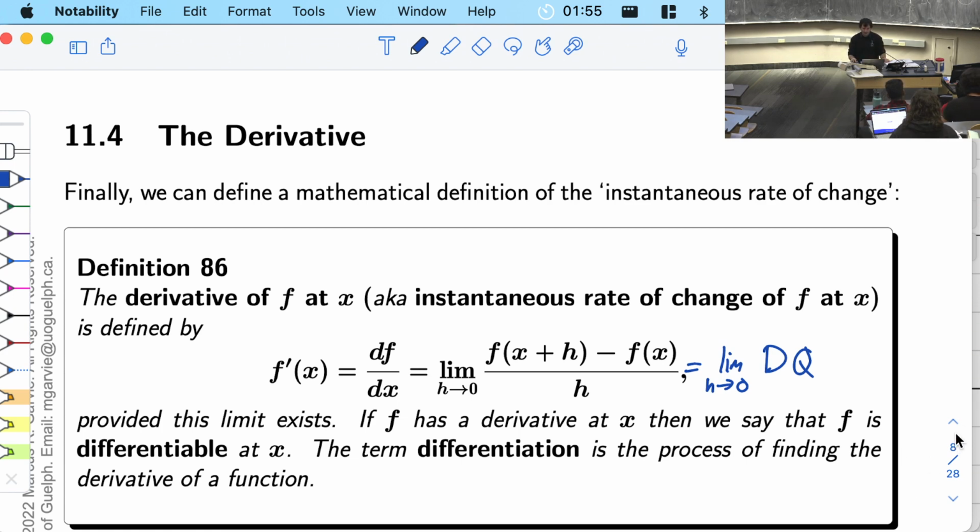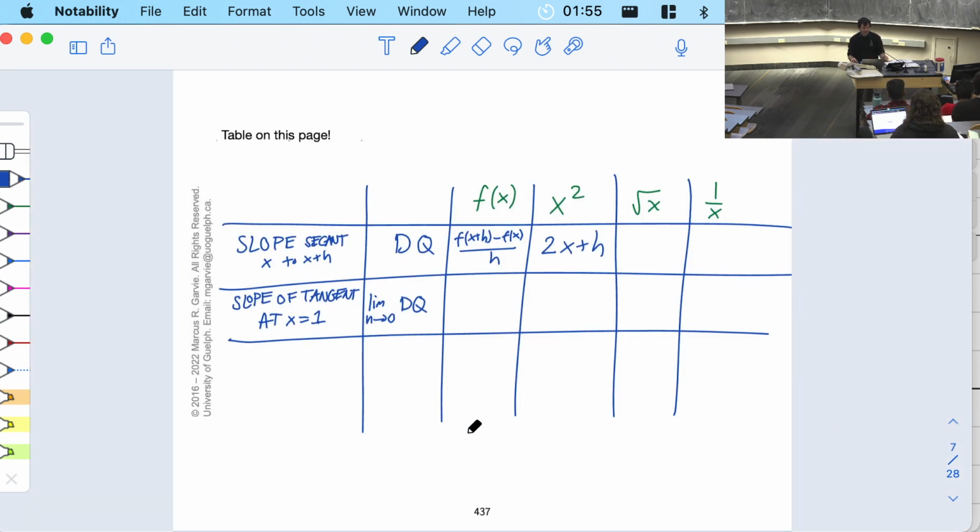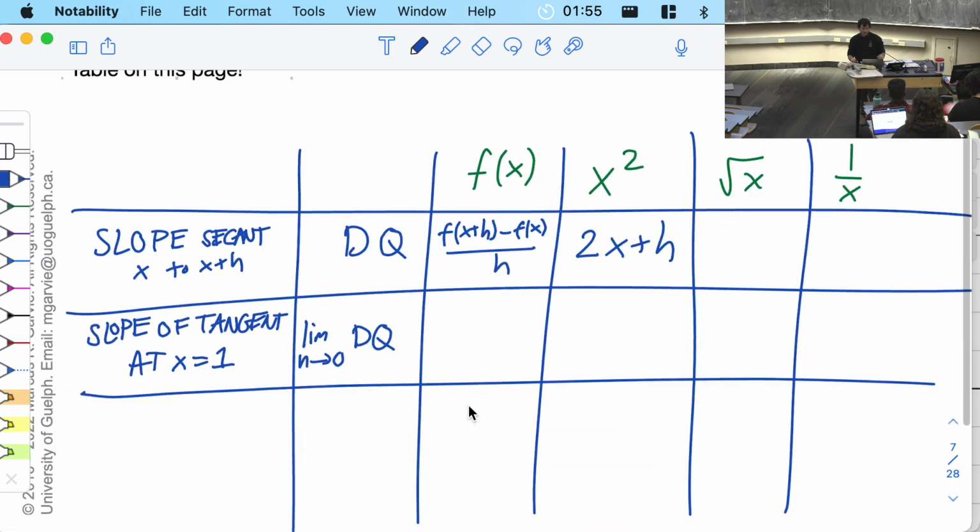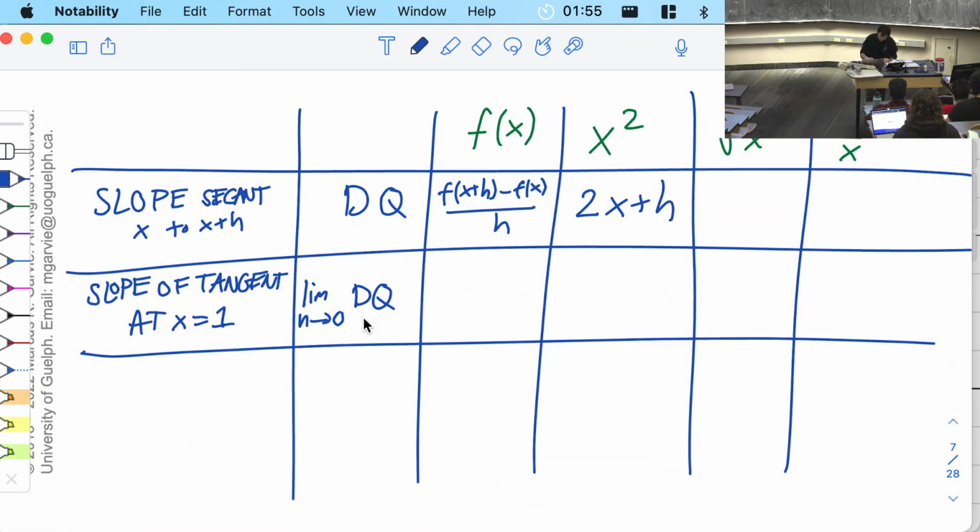Okay, let's go back and fill this in on our table. So we have our table on the page before. What have we done before? So before we did the limit of the dq at x equals 1, and we got the value 2. That was the first thing we did. The slope was 2 when x equals 1.